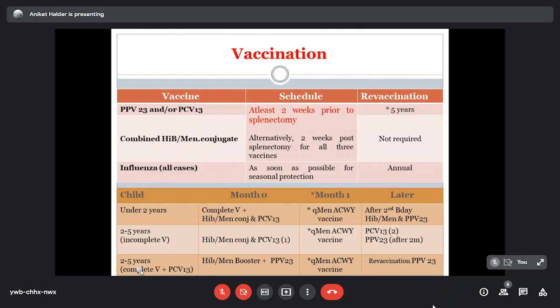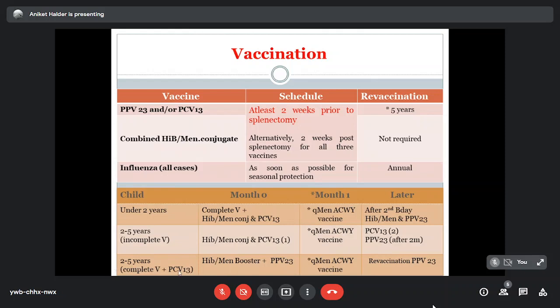In children who are 2 to 5 years with incomplete vaccination, the first dose of pneumococcal conjugate vaccine 13 along with Haemophilus meningococcal conjugate vaccine should be given, along with the pneumococcal conjugate vaccine 13 second dose after 2 months, and the pneumococcal polysaccharide vaccine should also be given.